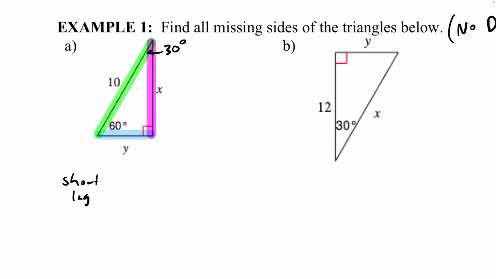Short leg, which is Y. The table said, take the hypotenuse and divide it by 2. What's the hypotenuse? 10. 10 divided by 2 is 5. So that means Y is 5.